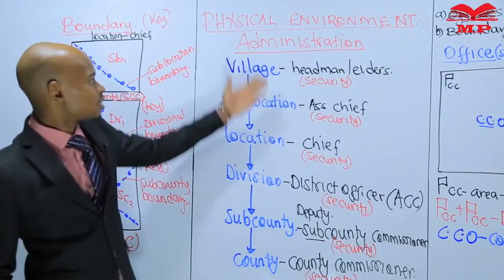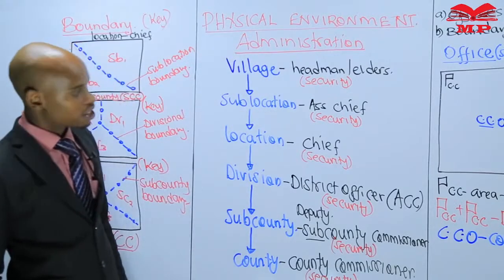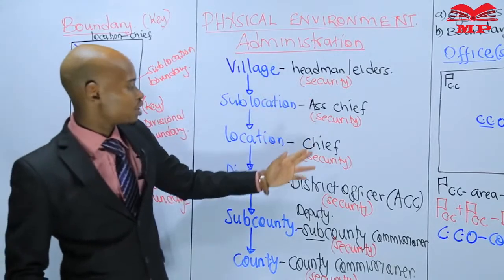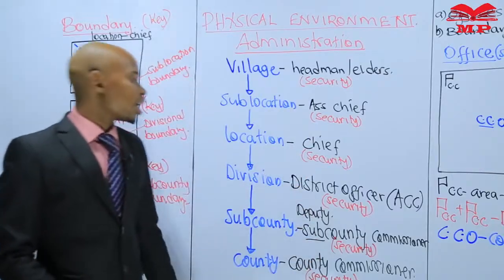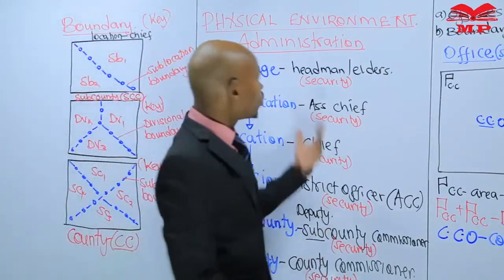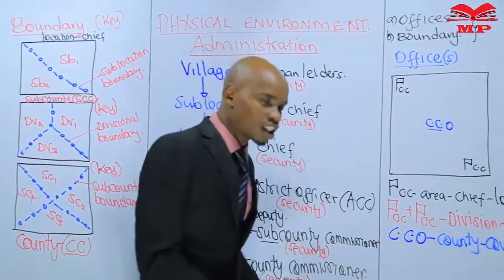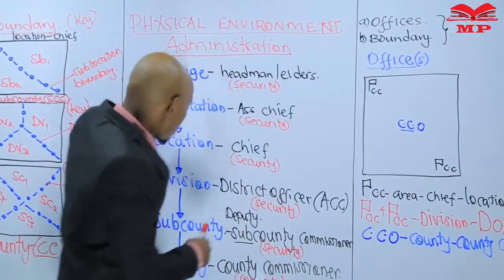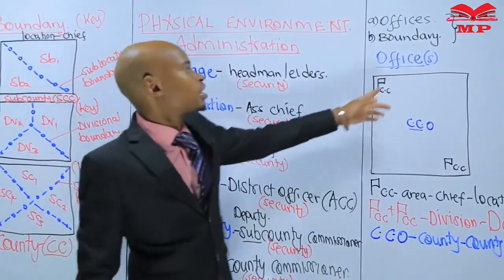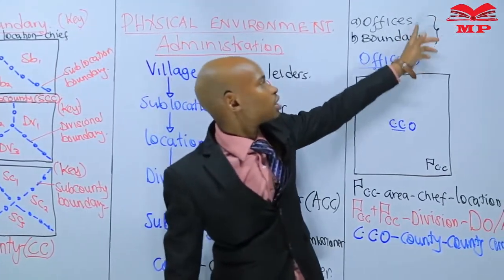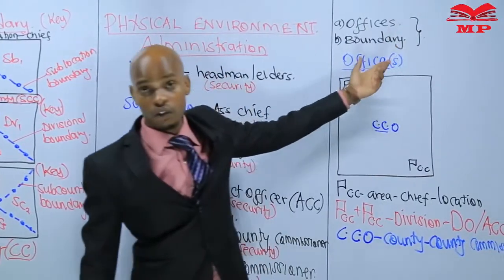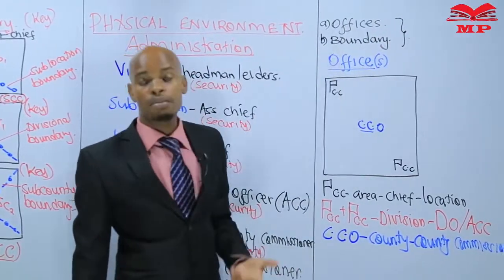These are national government administrators, and we have pointed out what they are supposed to do. If you want to know who is an administrator of a certain area, or better still, which area it is, there are 2 clues that you are supposed to use: number 1, offices, or number 2, boundaries.